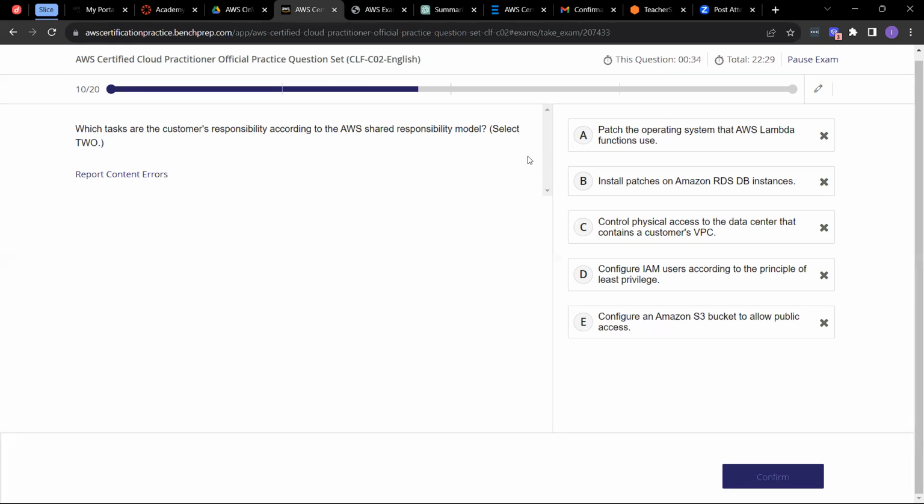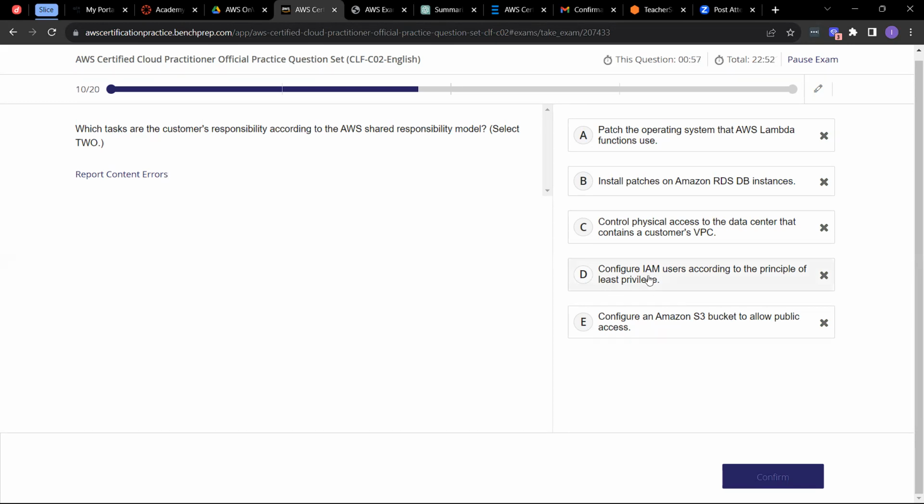Control physical access. For this one, if you are doing elimination, first look out for the roles of the customer, and then you select from there.